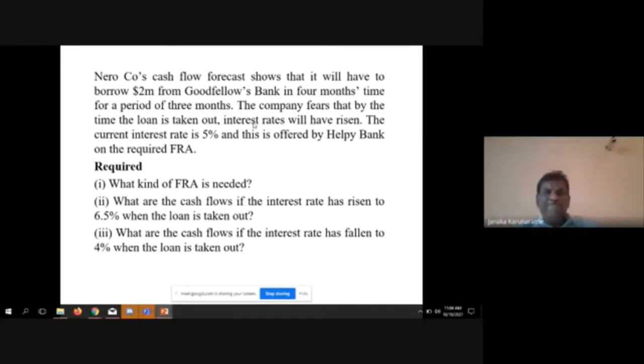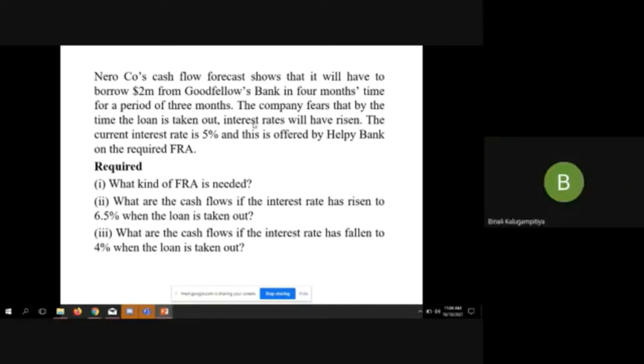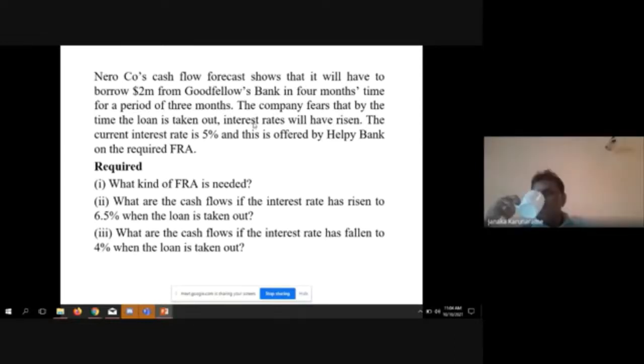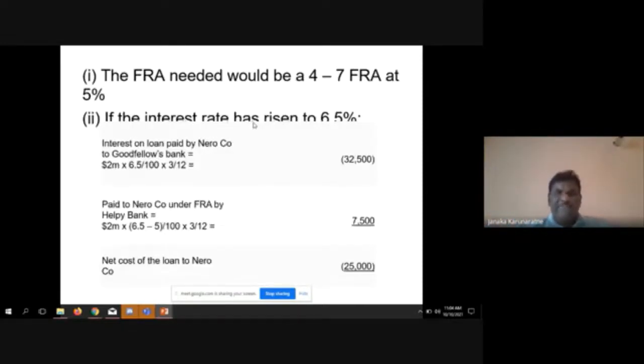Four into 7. Anyone else? 4 into 3, 4 into 7. 4 months' time for a 3 months period, 4 by 7. Okay, so a 4 by 7 FRA.